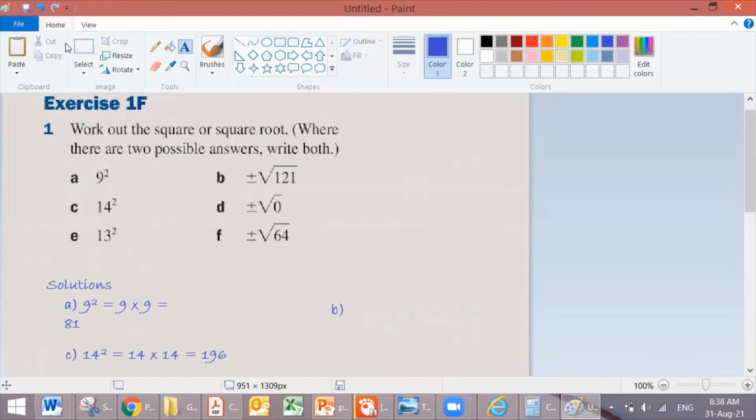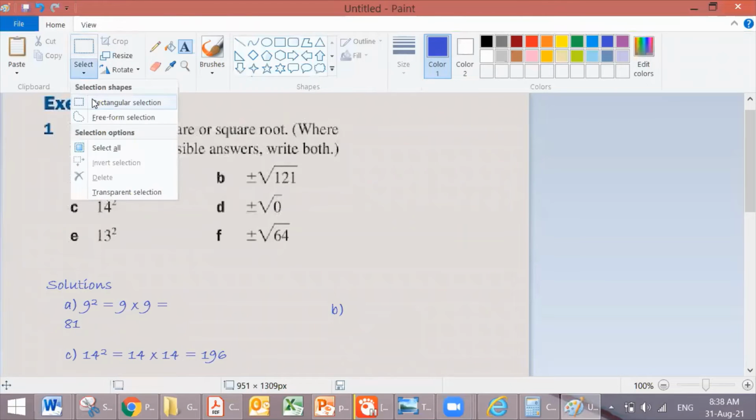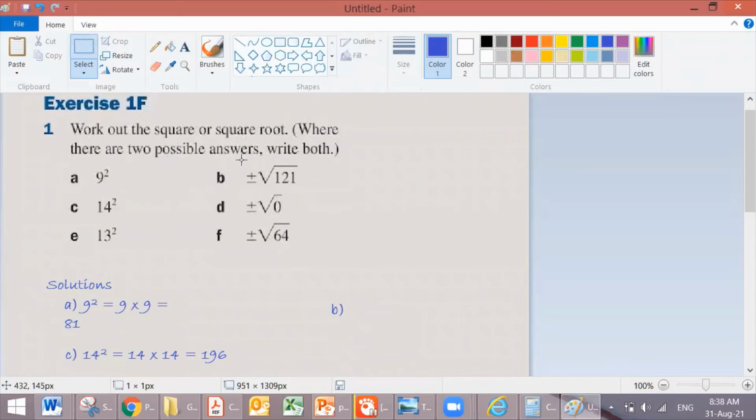Okay, so this one is the square root of 121.